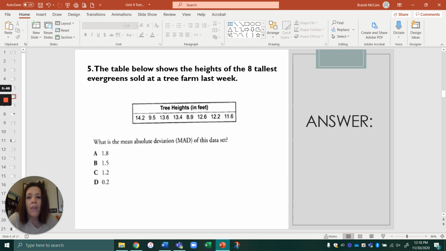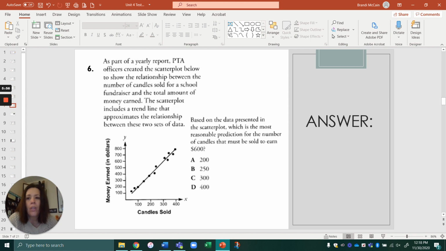Okay, question 5 is mean absolute deviation again. This one is B. Okay. Number 6 is another trend line. Now this one says, based on the data presented, what is the most reasonable prediction for the number of candles that must be sold to earn $600? So here we're looking at $600.